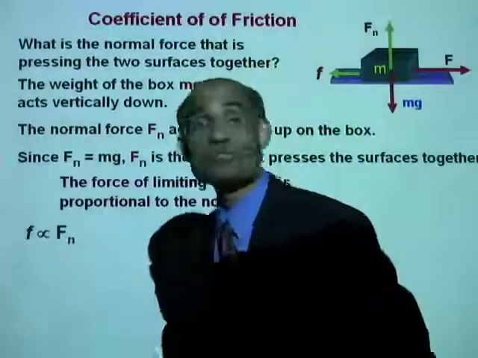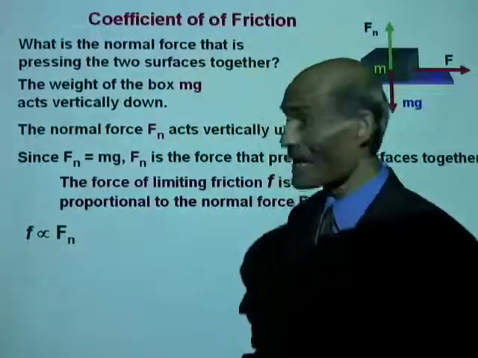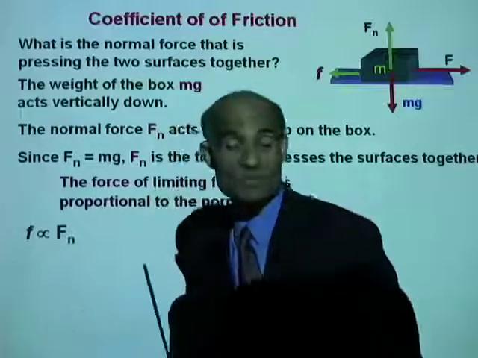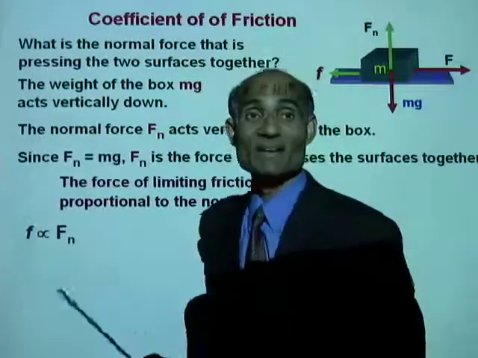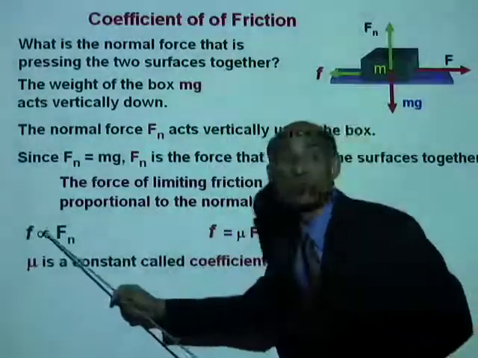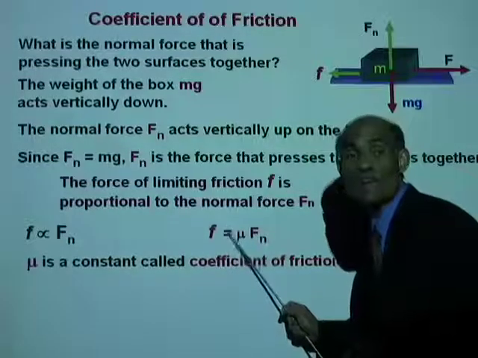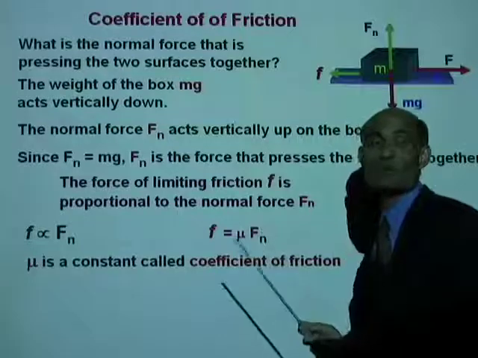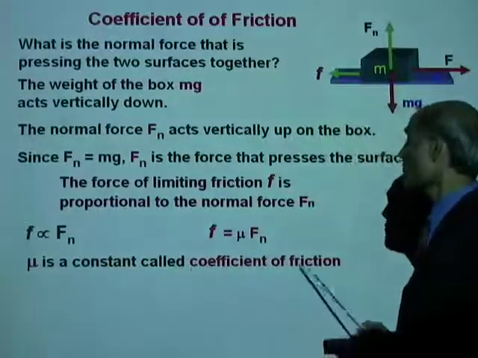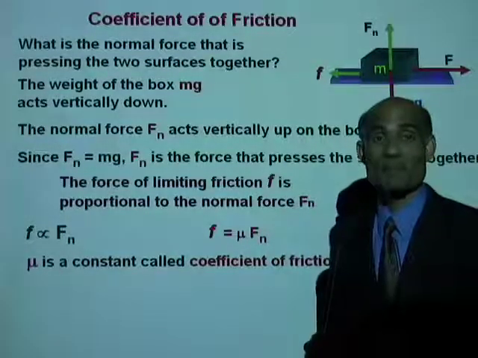A statement like this can be written as an equation. What will be that equation? The proportional sign can be replaced by an equal sign. So f is proportional to Fn can be written as f equal to a constant multiplied by Fn, and this constant is what we call the coefficient of friction between the two surfaces.